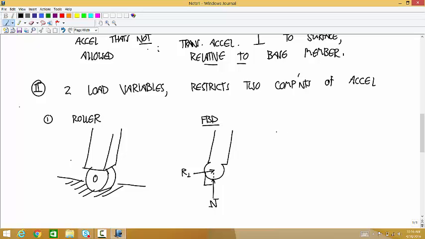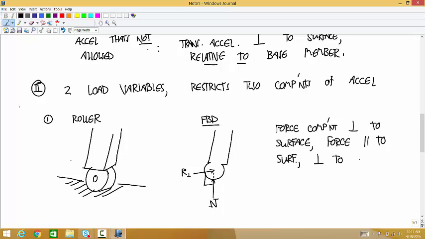So here we have a force component perpendicular to the surface, and a force component parallel to the surface, perpendicular to the direction of motion.